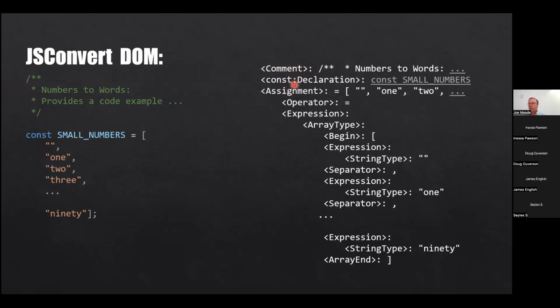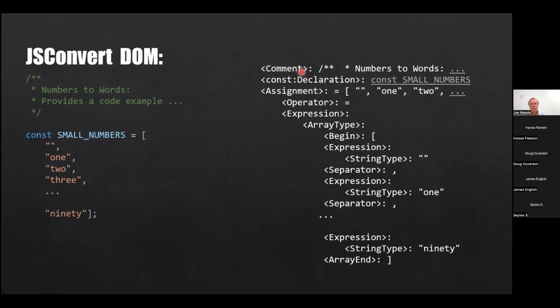Now, this tag is not XML. It looks like XML. It is not a JavaScript document object model. It is a JSConvert document object model. So each of these names within the tags refer to class files or subclasses of what are called a code entry, which is an object in JSConvert.